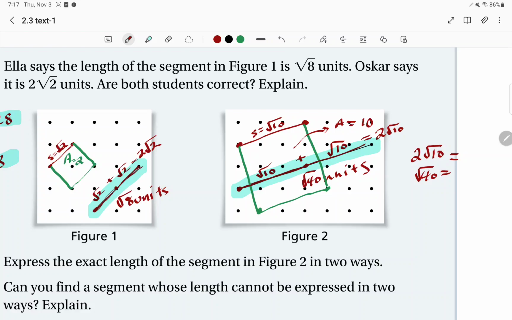Okay, so for 2 times the square root of 10, I got 6.325. And then when I found the square root of just 40, I got 6.325. So that's how we know they're the exact same thing. Different ways to find them.